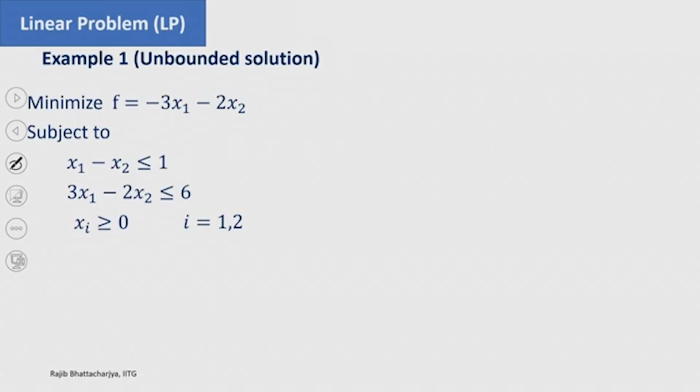Okay. So, here the problem is: minimize f equal to minus 3 x1 minus 2 x2, subject to x1 minus x2 less than or equal to 1, 3 x1 minus 2 x2 less than or equal to 6, and all xi are positive, and we have two variables, so i equal to 1 to 2.